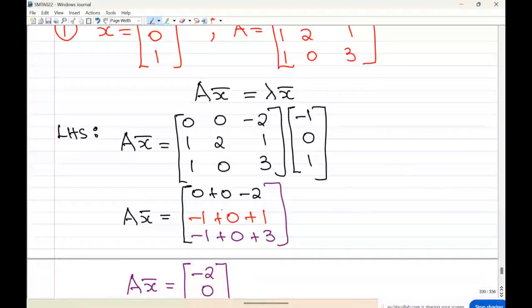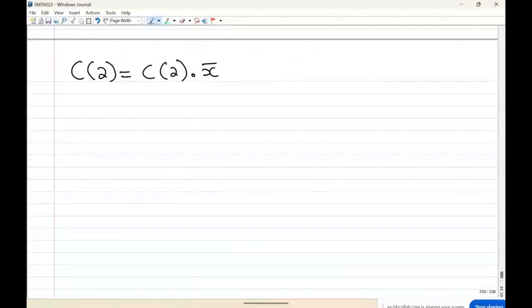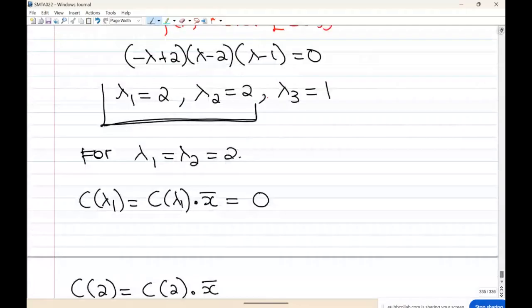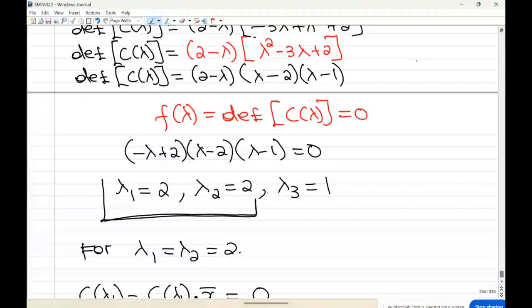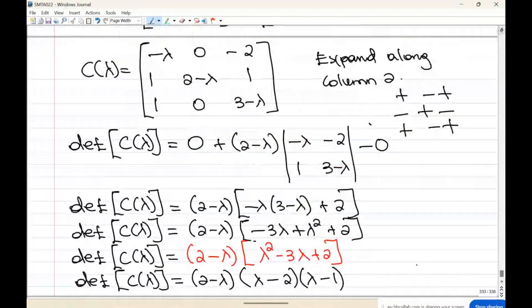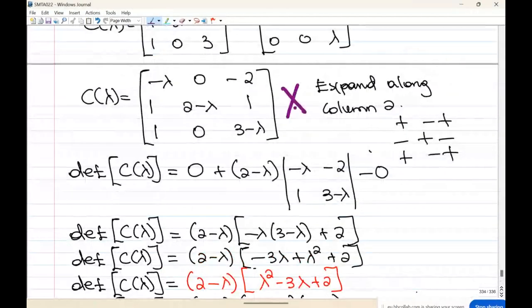Where did this example start? I want you to substitute where there's lambda by 2. Please help me on this, colleagues.